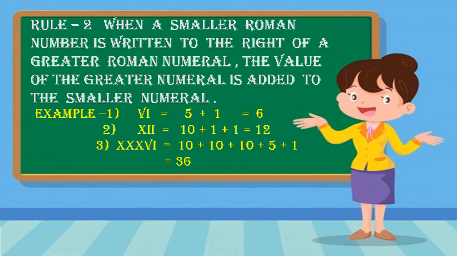In example 3, there are 3 X, 1 V and 1 I written. Smaller numbers are written to the right of greater numbers. So, the value of greater numerals is added to smaller, and it is 10 plus 10 plus 10 plus 5 plus 1, that is 36.